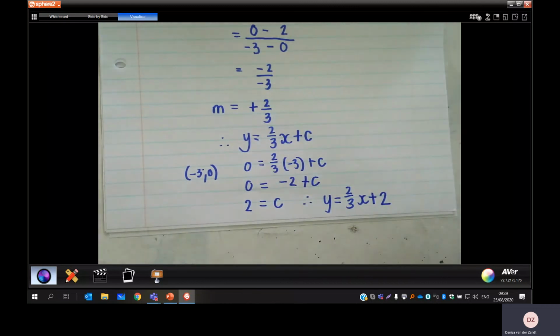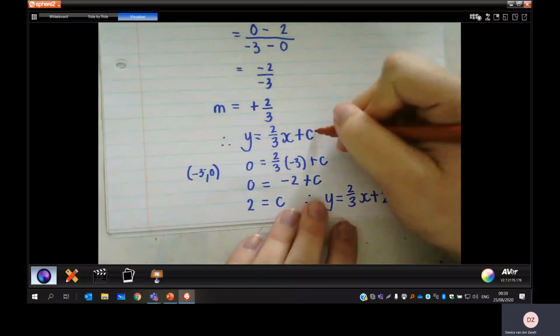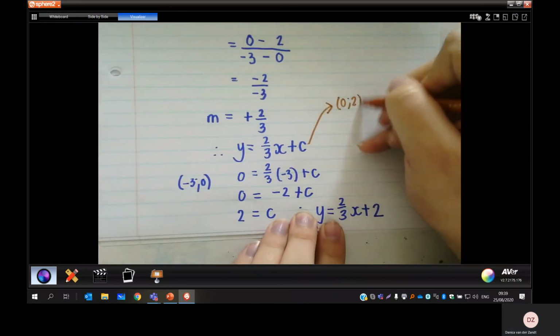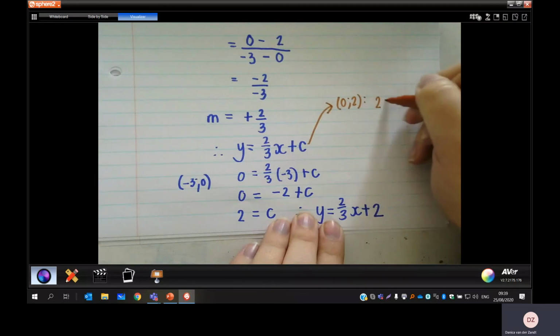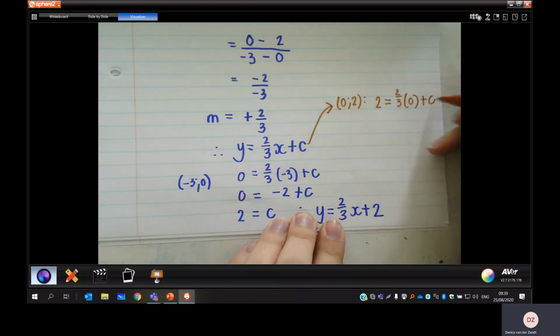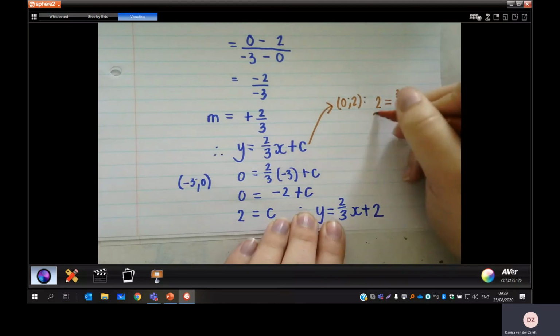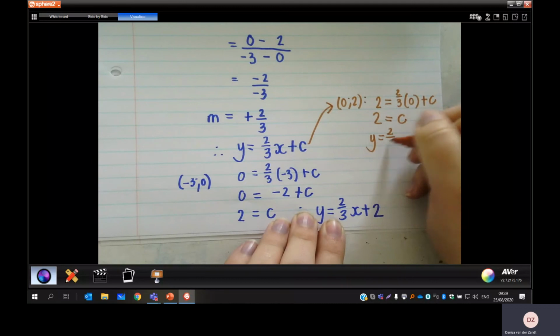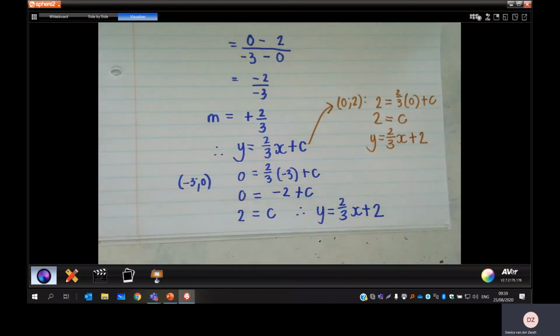I could have substituted the other point in here, and it would have gone a lot quicker. So it would have been 2 for y, 2 over 3 times 0 plus c. That is just 0. So it would just be plus c. Either point, you can substitute, they give you the same answer. Yes, Hannah?